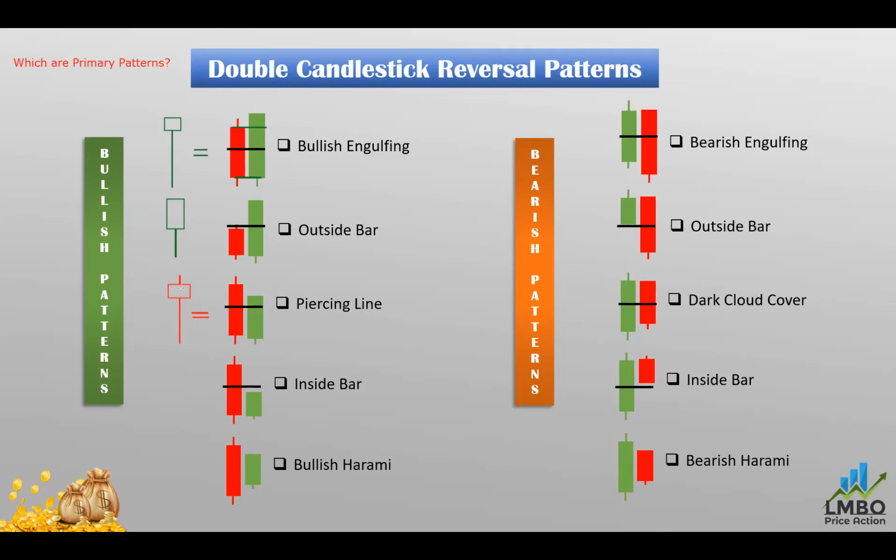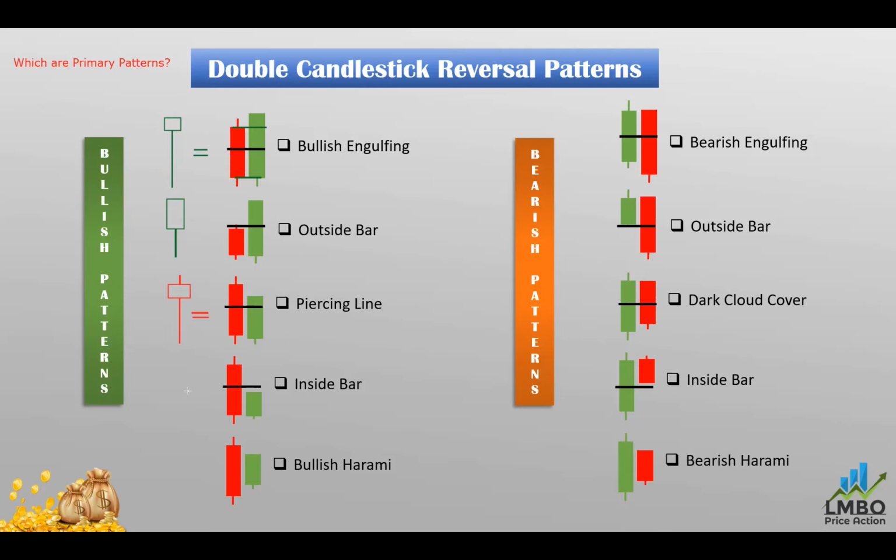So this pattern, if you find the two candles, it will be your piercing line. All the double, triple, and four candlestick patterns, when we subtract, become your single primary pattern. So the single primary pattern you need to understand.